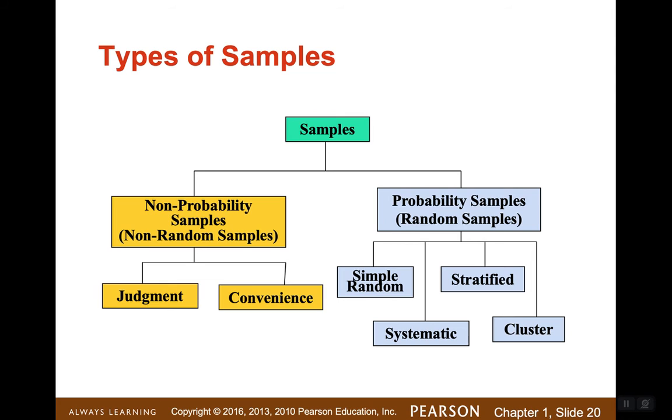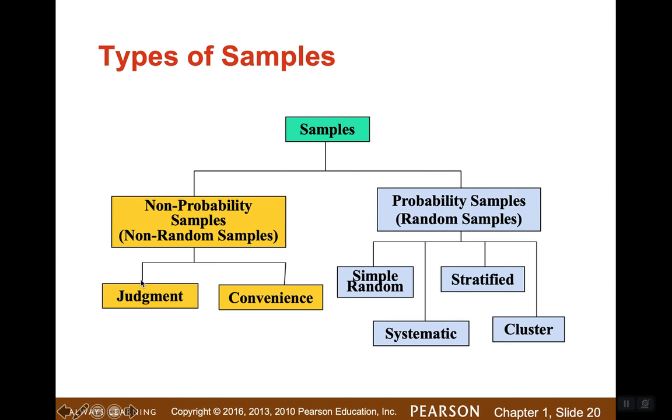There's a couple different ways to get samples. The idea behind samples is you want to have an unbiased sample, and some approaches are more effective than others. Non-probability is probably your less reliable sampling.